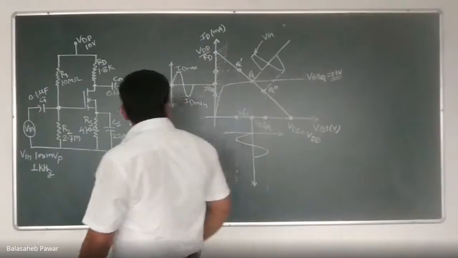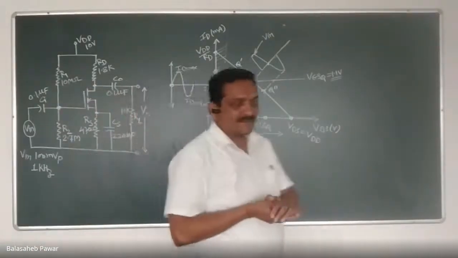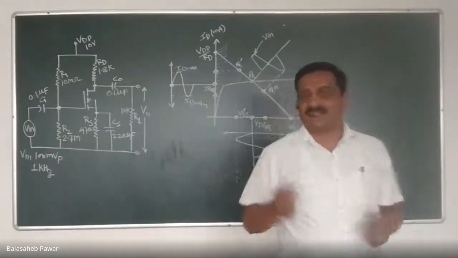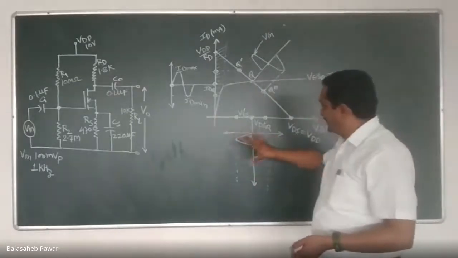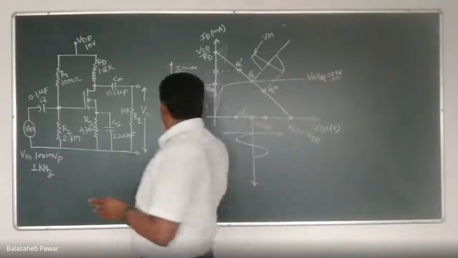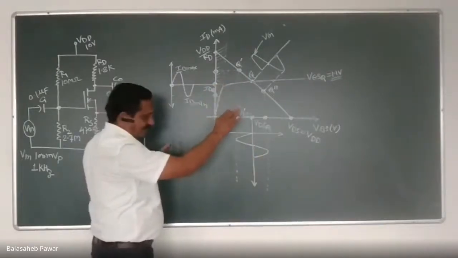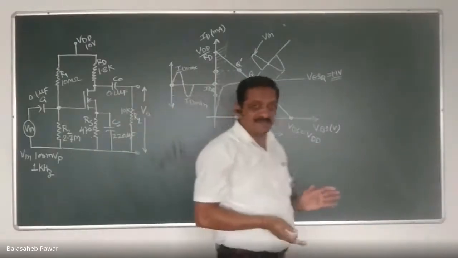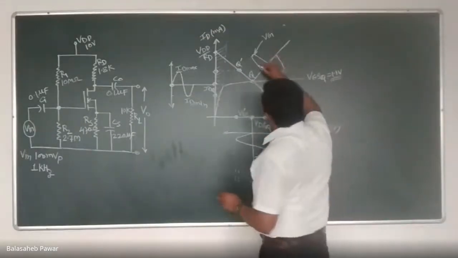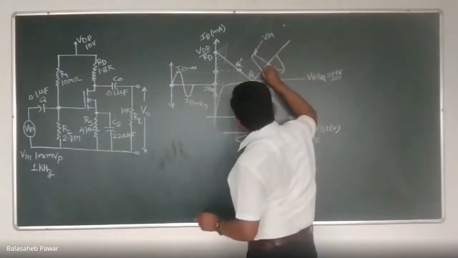Okay. Now, the question is, how much peak amplitude of input signal can we apply to this amplifier so that the output will be able to follow the input in terms of magnitude and gain times? Suppose I applied that input signal somewhat like this.